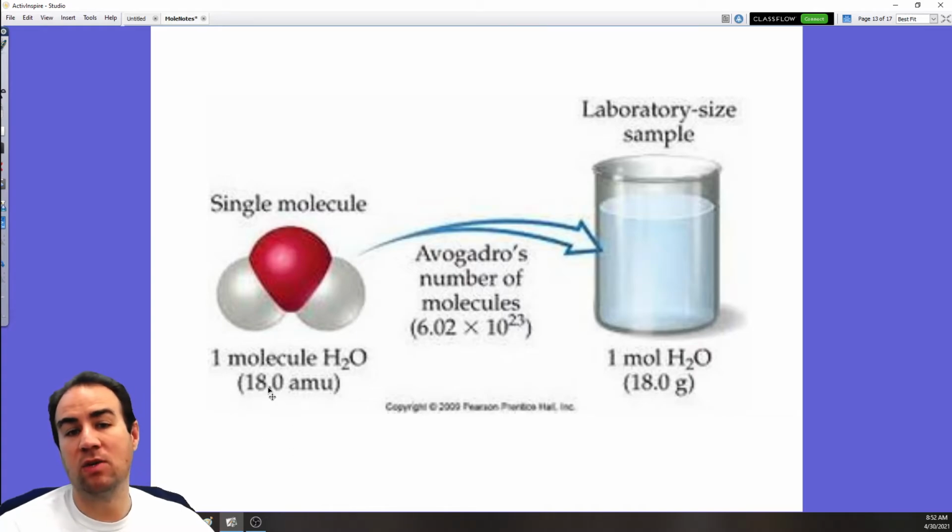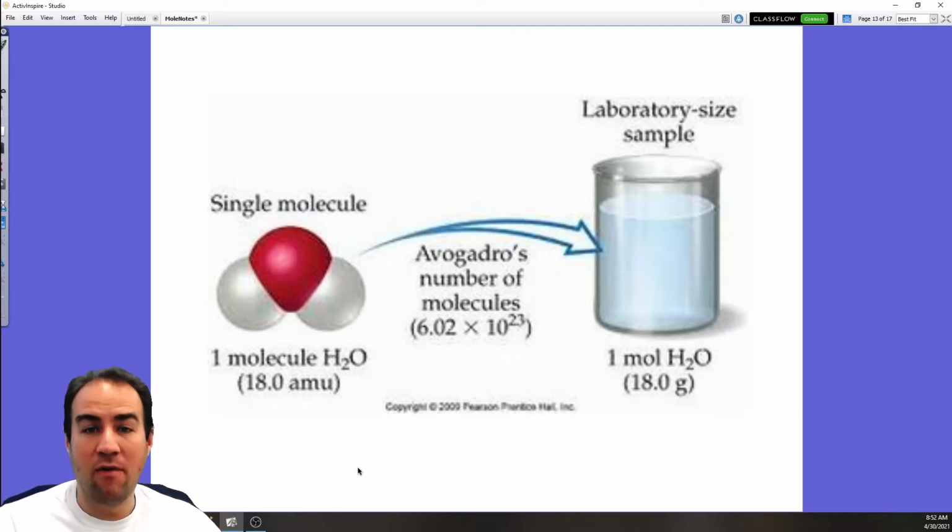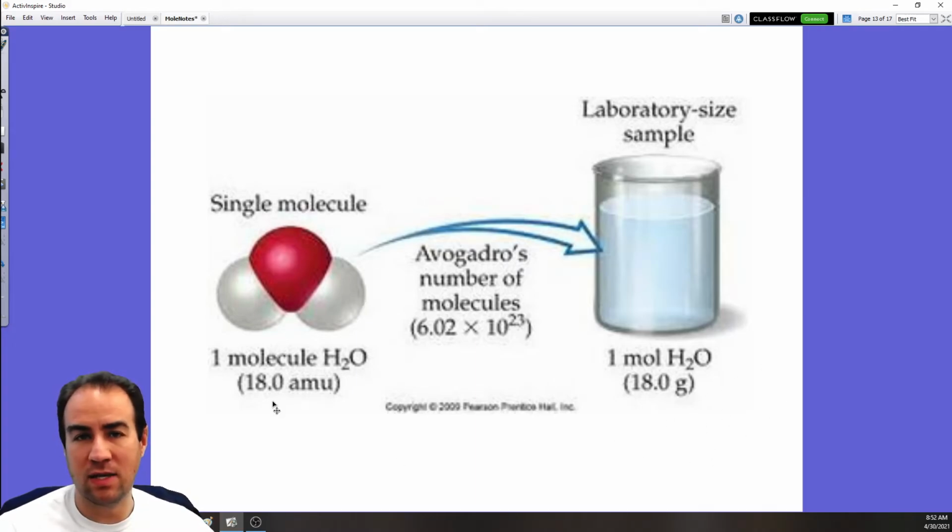One molecule of H2O is 18 AMUs because we have one oxygen, which is 16, and two hydrogens, which are 1 AMU apiece. Add them together, you get 18 AMUs. And so if you count out Avogadro's number, or a mole of water molecules, you get 18 grams. You take the AMUs of any substance, just change the units to grams, and you now have a mole of that substance. Let me show you another example.